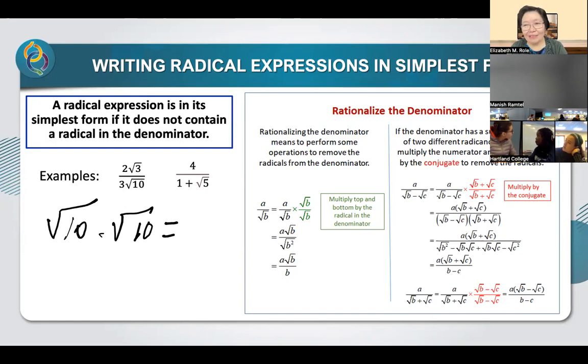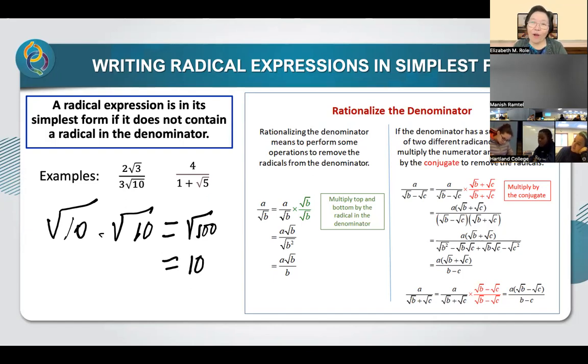I think we have considered this as the law of the product rule. So square root of 10 times square root of 10 will be what? 10? Yes, all right. The reason is because that's actually the square root of 100, correct? And the square root of 100 is 10, right?